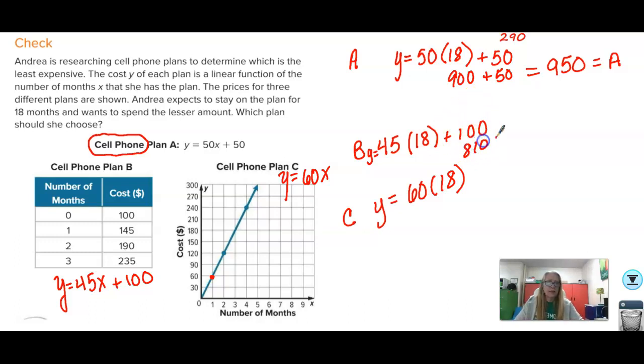That'd be 810 plus 100 would be 910. That's company B. Well, we know we're not going with A. And 60 times 18 is 1080. Isn't that a video game? All right, so which company is the cheapest for 18 months? That would be company B.